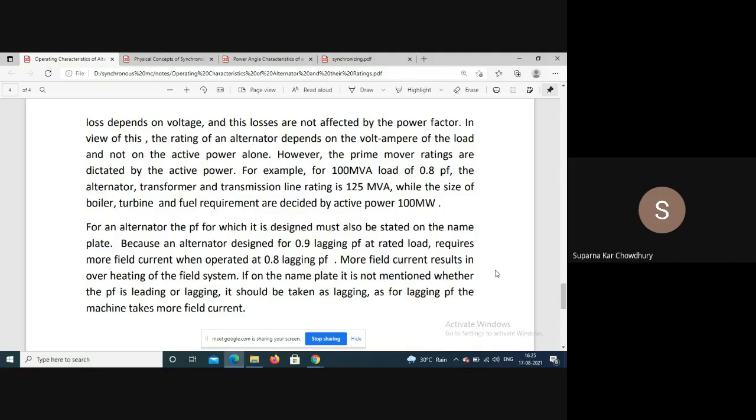So delta connection is avoided unless it is required for some particular application. So if the type of connection is not mentioned in the nameplate or in the problem, consider it to be star connected.